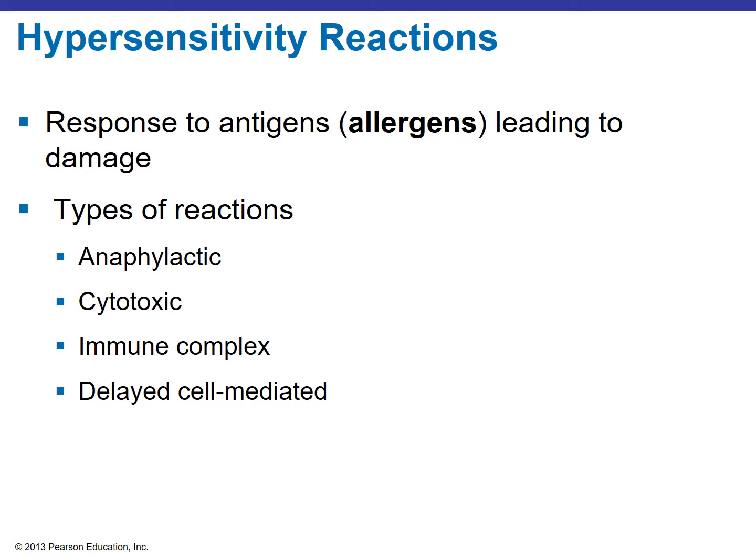So we'll go through these 4 types of reactions. Type 1 are the anaphylactic reactions. Type 2 are the cytotoxic reactions. Type 3 are the immune complex reactions, and type 4 are the delayed cell-mediated reactions.